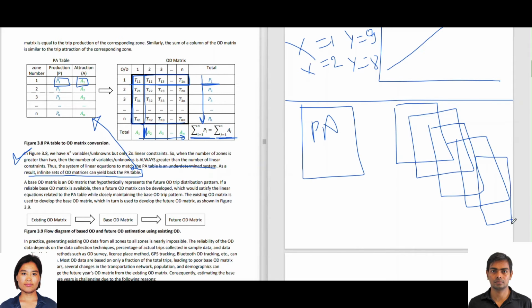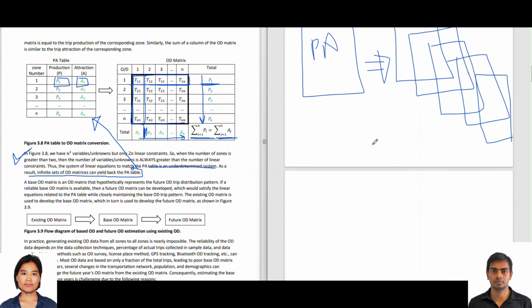So now the next question arises: if we have an infinite set of OD tables which can generate the PA table, how do we choose which one to use in practice? That's where there are different methods to choose which OD table to use, and based on which method we use, we will end up with a different OD table.